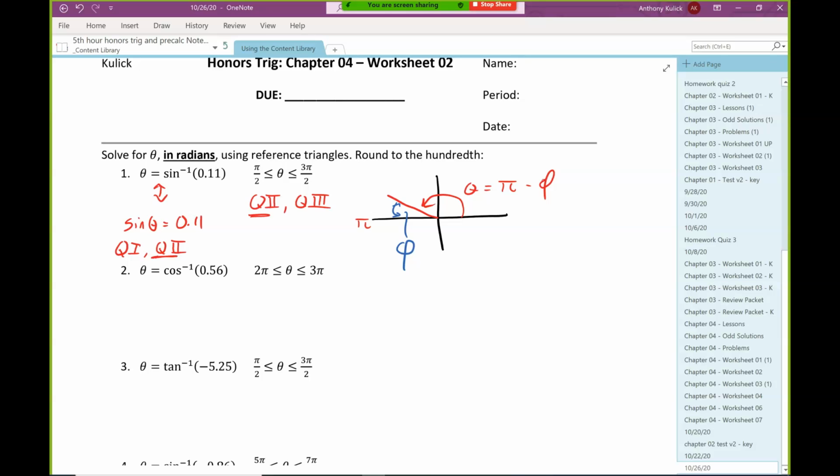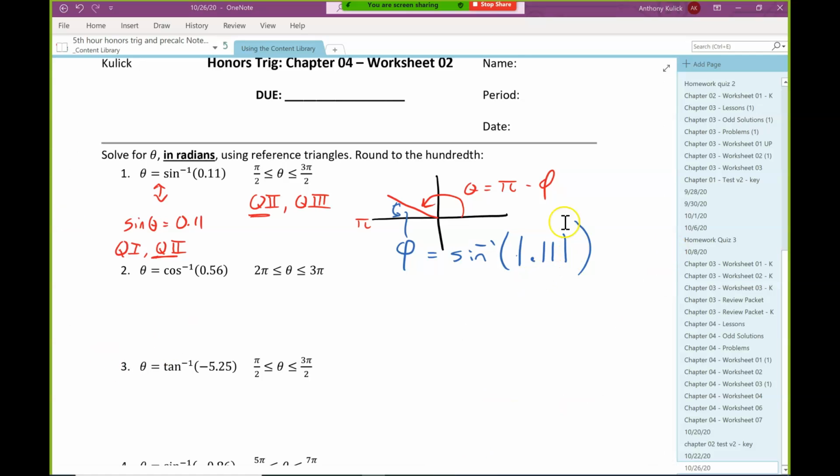It's just an angle measure. So the way to do it is I'm just going to do sine inverse of the absolute value of 0.11. So I'm just going to use the absolute value to find phi of whatever it is that we're working on, whether it's tangent or cosine or whatever, we're just going to take the absolute value of whatever's inside. And that'll give us our value for phi.